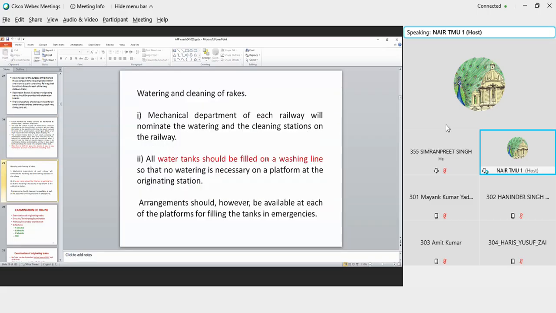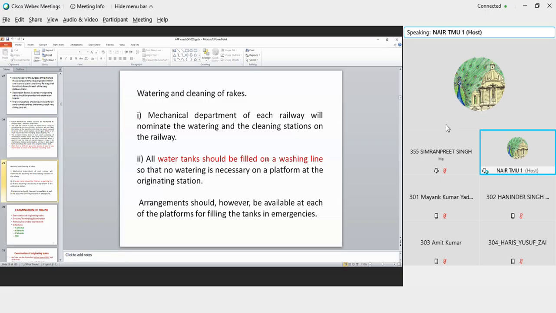Now, in each zone, some stations are identified as watering stations, where the train formation is watered while it is en route. Before the train gets placed on the platform, after it has come out of the washing line, all the water tanks need to be filled.